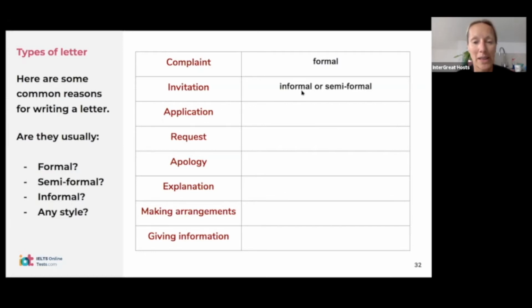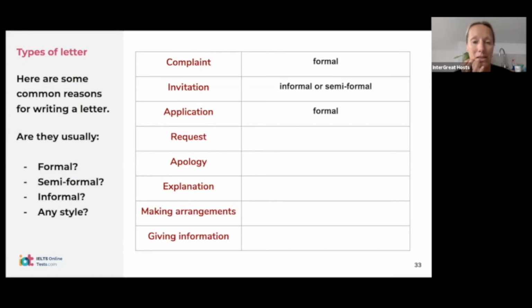It's very often informal, but it could be semi-formal, yeah, I mean, it could be an invitation to a wedding or something like that, which is semi-formal. A conference, that's right, that would probably be quite formal. What about application? Formal, yes. So that's always formal.